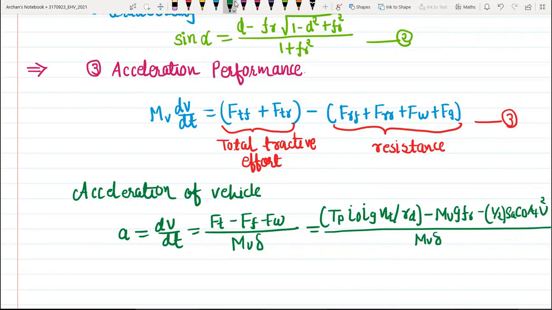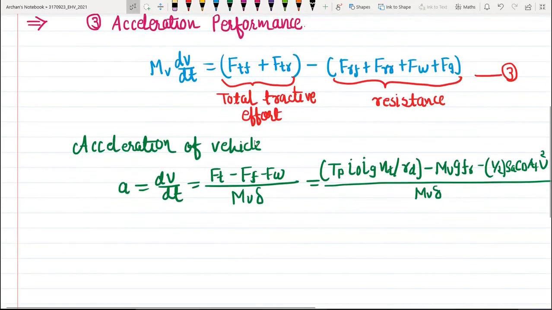Okay, so you can simplify this equation in this particular fashion, that g by delta into d minus fr. Call it equation number 4.